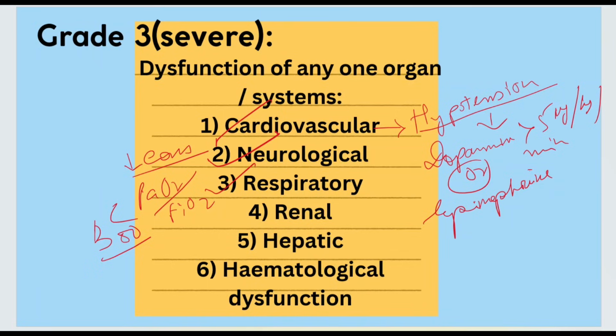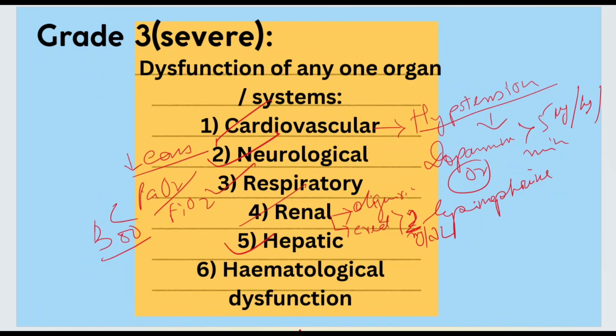Fourth one is renal failure. So how do you assess renal failure? Clinically patient will have oliguria, and creatinine level we check. Creatinine level is more than 2 milligram per deciliter.